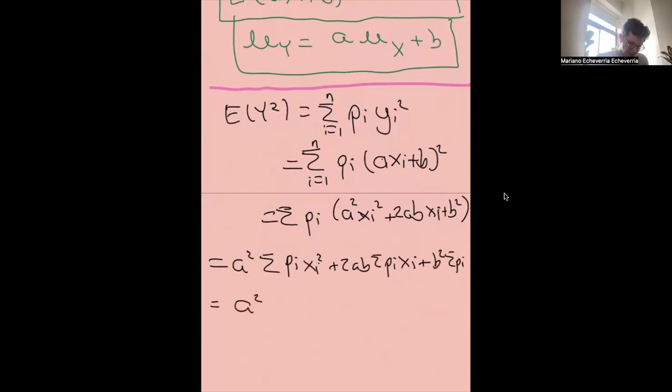So this is a squared times the second moment of x, plus 2ab times the first moment of x, plus b squared.